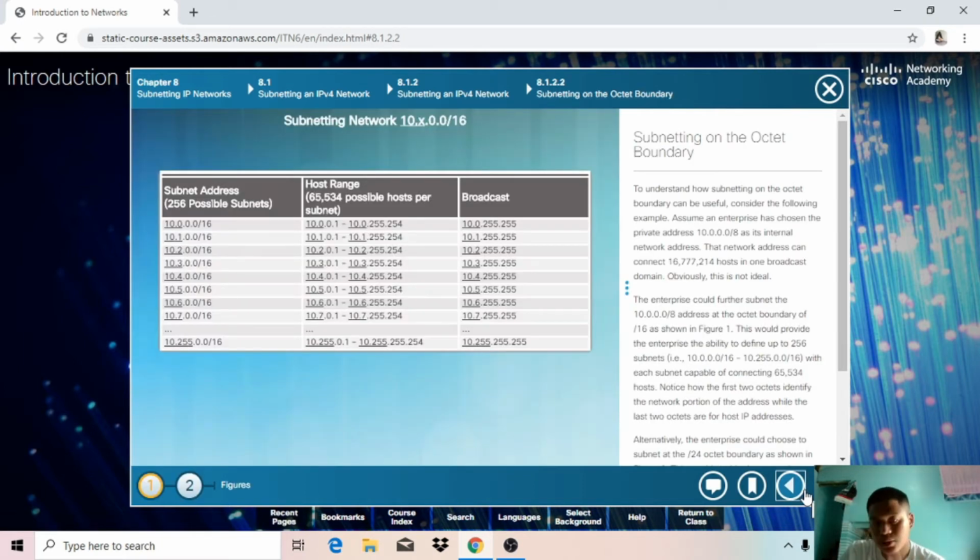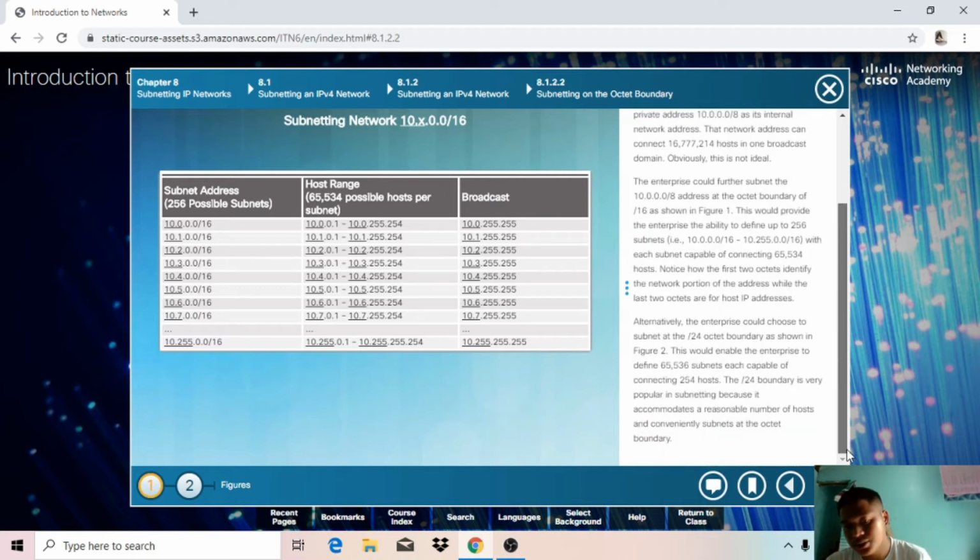So, subnetting on the octet boundary. This is the subnet address. It has 256 possible subnets, and 65,534 possible hosts per subnet, and this is the broadcast. This is the internal network address.